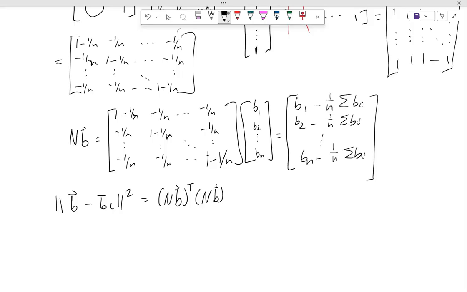Okay? How do you do a product of a transpose? What would you like the transpose to do with respect to the product? What would you like anything to do with respect to a product? It doesn't always work, but what would you like anything to do with respect to a product?